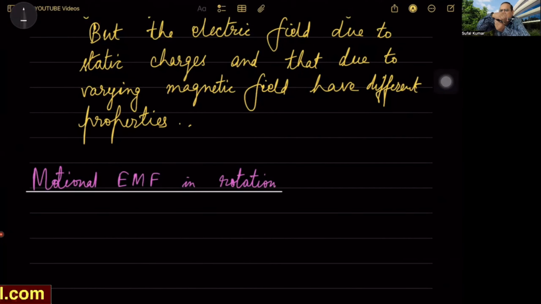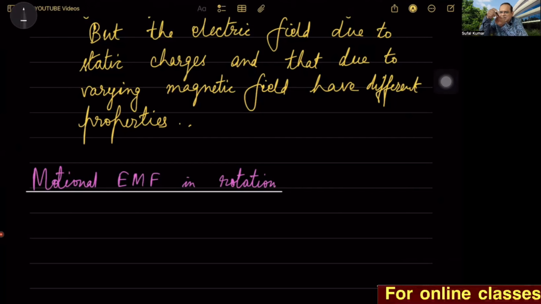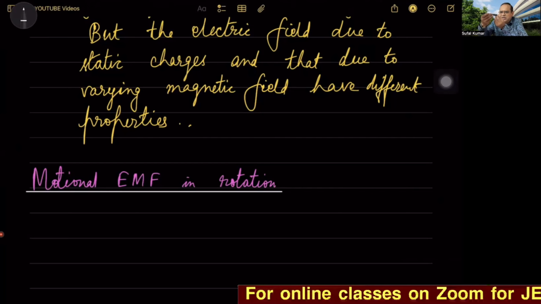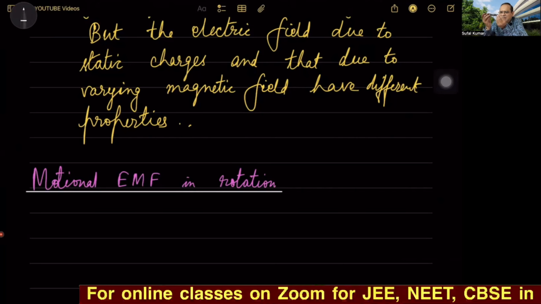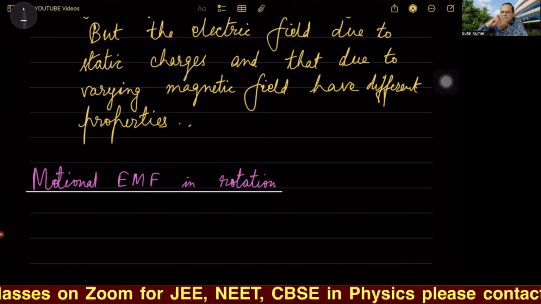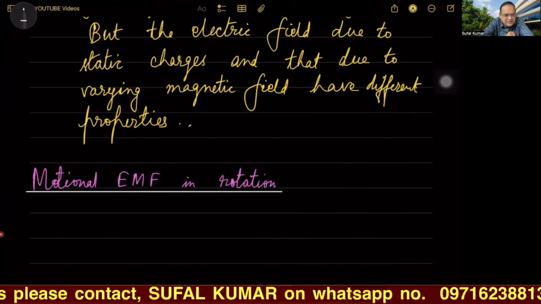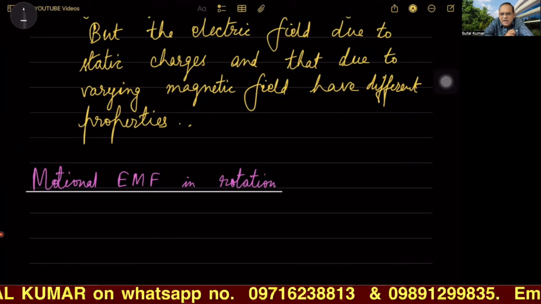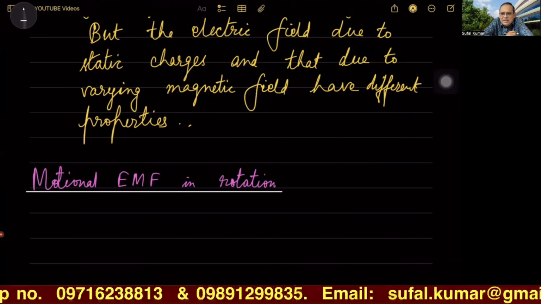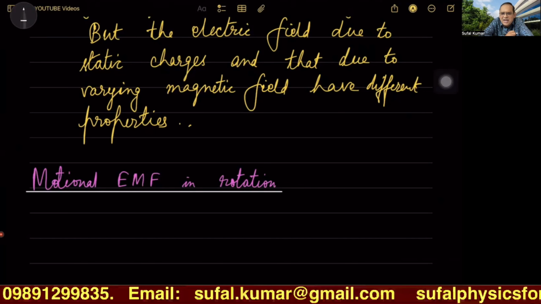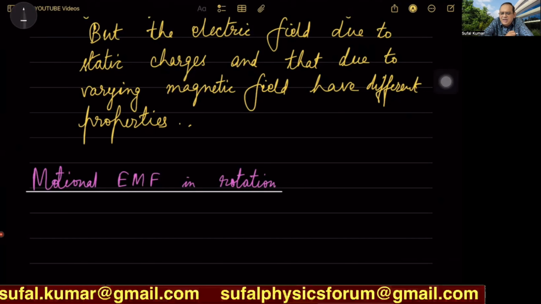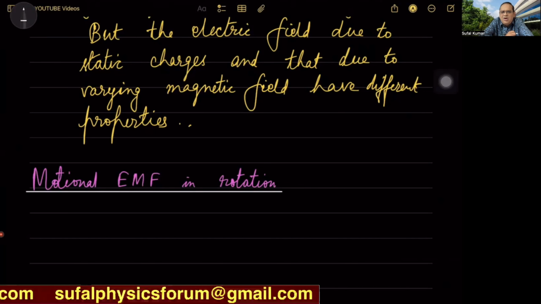So induced EMF will appear across the two ends of the rotating rod, such that one end is fixed at the center of a virtual circle and the other end is rotating, forming the circumference of the virtual circle. One standard formula, E is equal to half B omega L square, is to be used all the time.